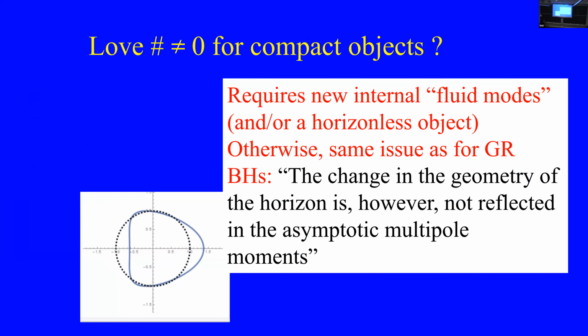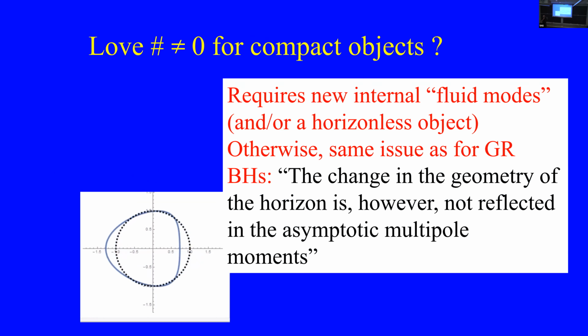Now, in GR black holes, they do get deformed, but that deformation is not reflected in multipole moments measured at infinity. What is it that you need to have Love numbers non-vanishing? I'm talking about 4 dimensions, concentrating on the electric quadrupole number.